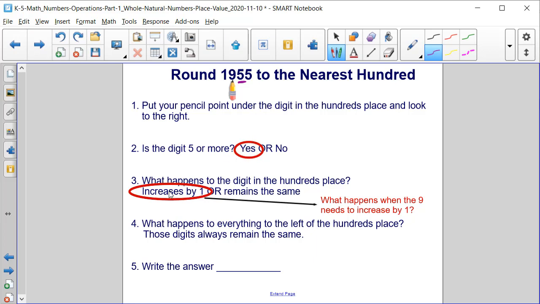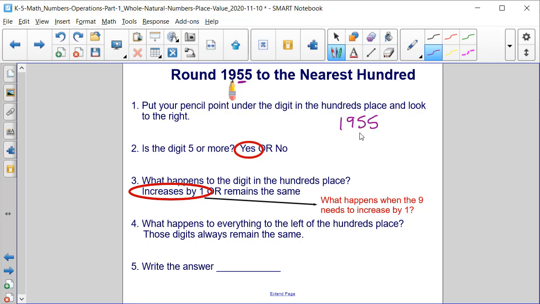Yes, it is. What happens to the digit in the hundreds place? Does it increase by 1 or does it remain the same? Well, because this is 5 or more, the 9 is going to increase by 1. But what happens when the 9 is increased by 1? It ends up becoming 10. So we could write it as 1,000.